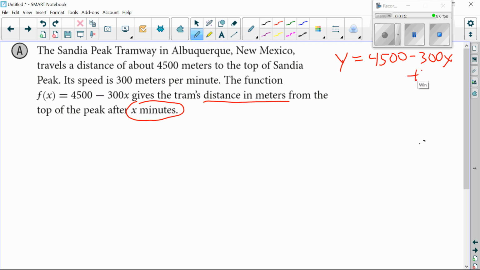So I'm going to add 300x, and that's going to give me 300x plus y is equal to 4,500.